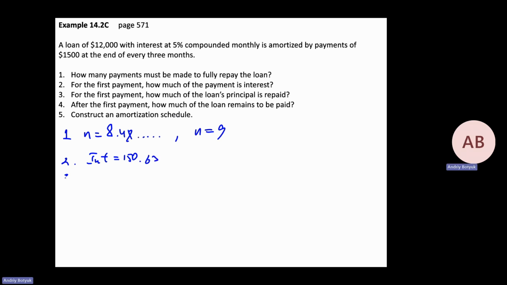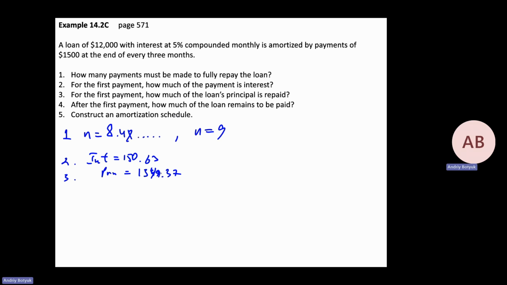Then principal would be 1,349.37. Total should be 1,500, and it is, right? 37 and 63, it's $1. So it makes 1,350 plus 150, it's 1,500. Okay, good.